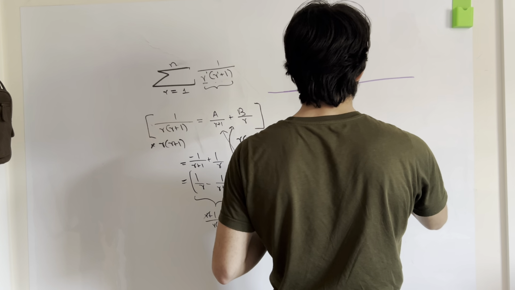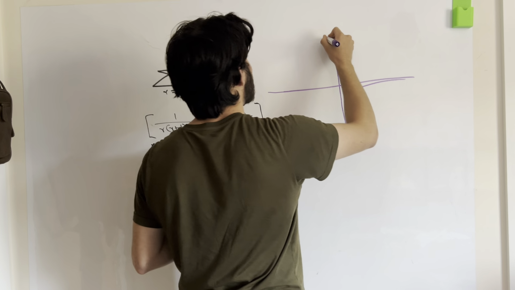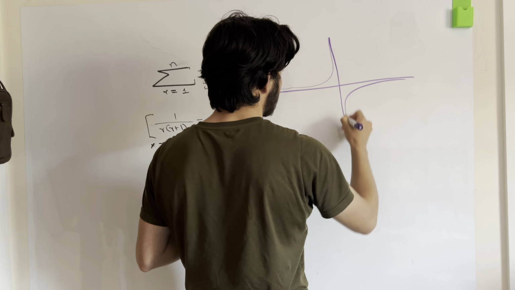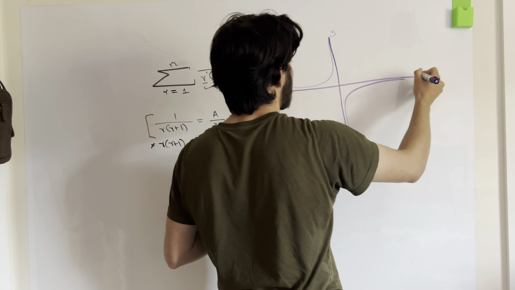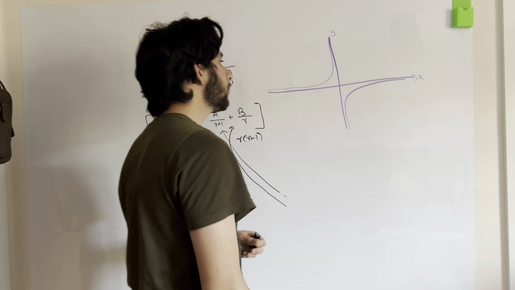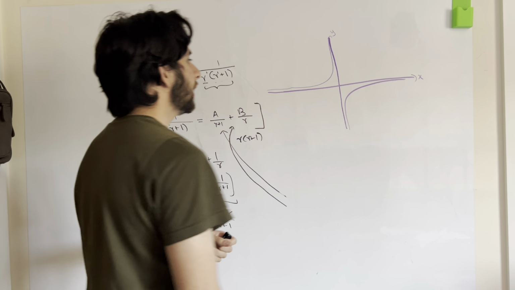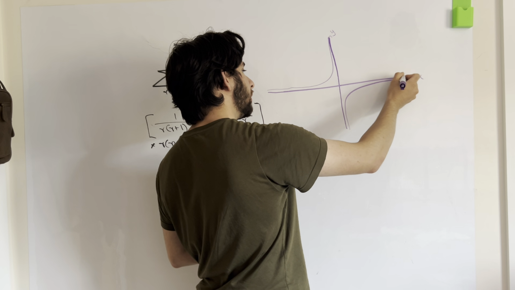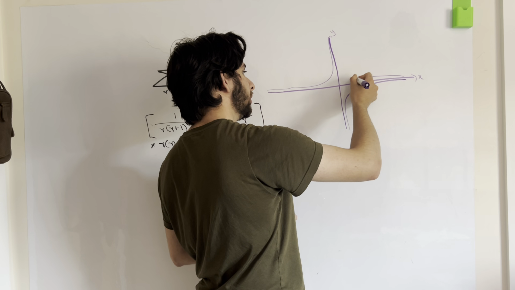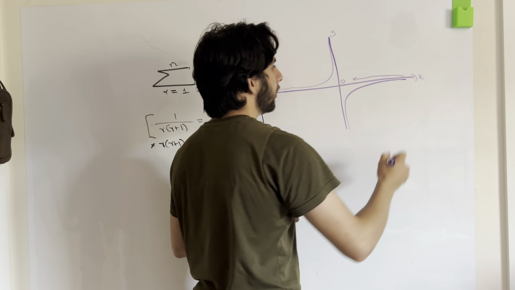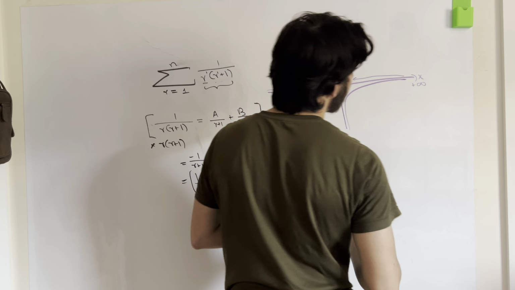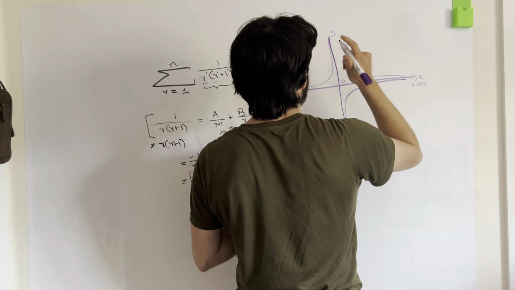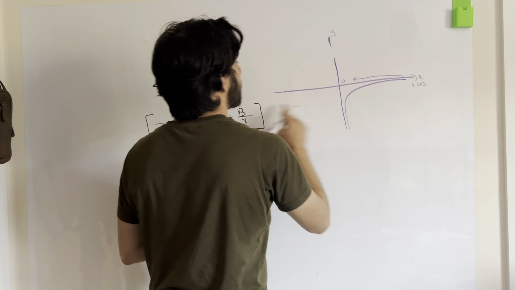the graph of 1 over x, if you were familiar with it, looks like this. So it has asymptotes at y equals 0 and x equals 0. Clearly, if you were to travel along the x-axis in this direction, as you get closer and closer to 0 from positive infinity, you start approaching, sorry, this is minus 1 over x.